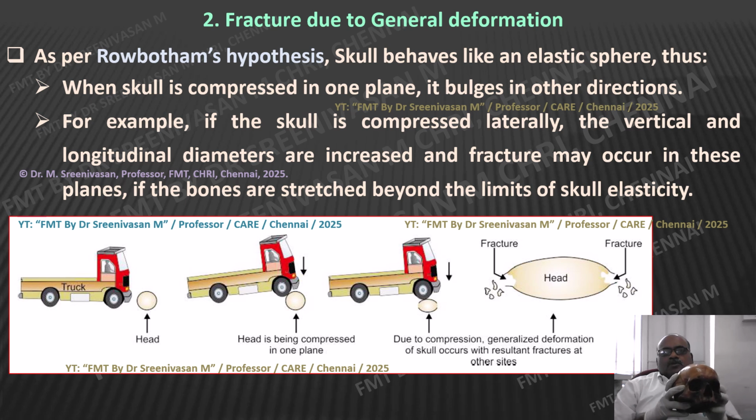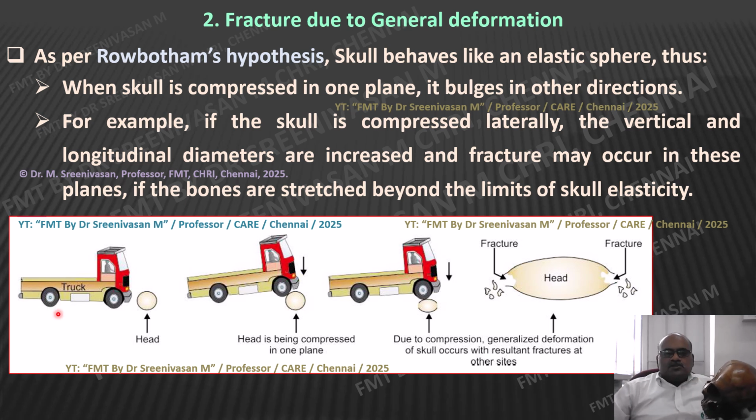Coming to fracture due to general deformation under a direct force. As per Robertson's hypothesis, as I told, the skull behaves like an elastic sphere. When the skull is compressed in one plane, it bulges in other directions, resulting in an increase in diameter of the other planes.